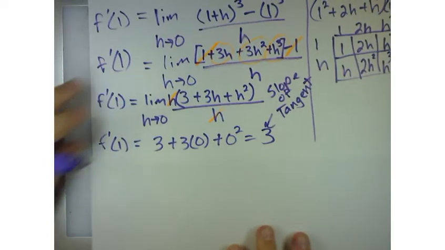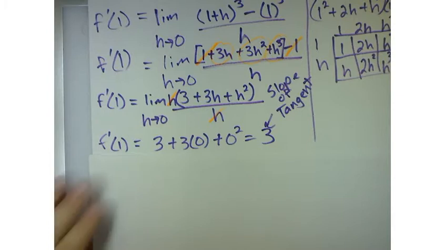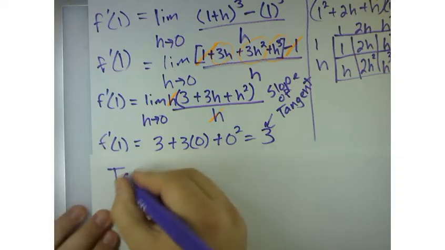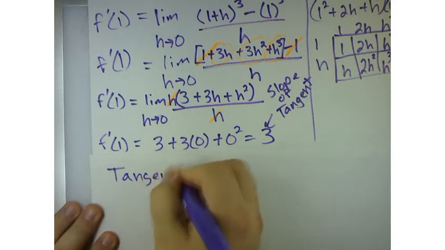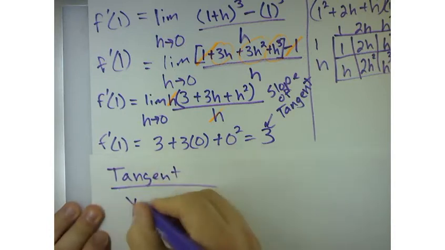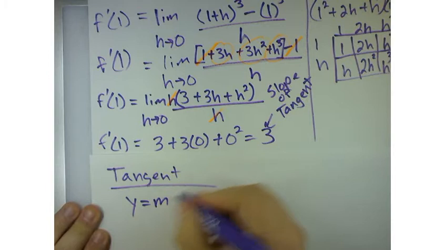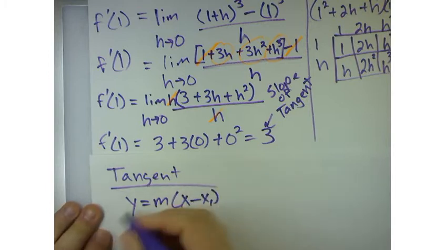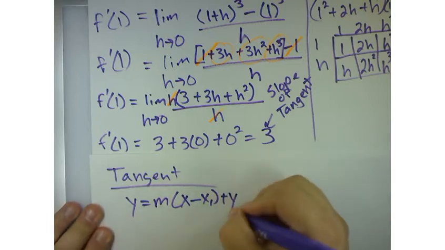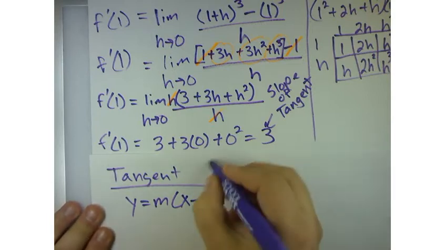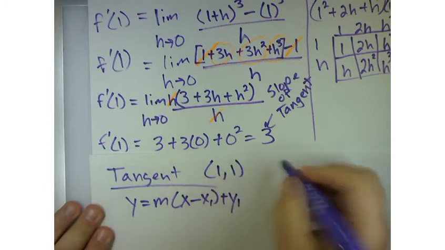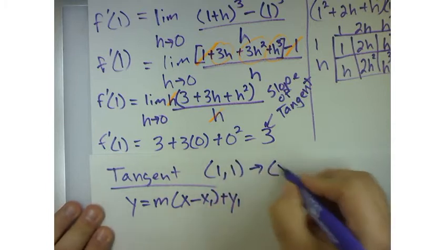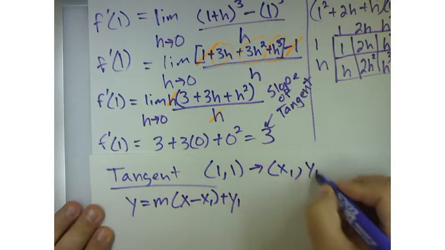So then we just do point slope. So for the tangent line, Mr. Adams uses a little bit different point slope form. I say x minus x sub 1, and normally you have minus y sub 1. I just move it over to the other side, and when I do that, it becomes plus y sub 1. And remember, our point 1 comma 1, that's where it has to cross through, so that's really my x sub 1 comma y sub 1, right?